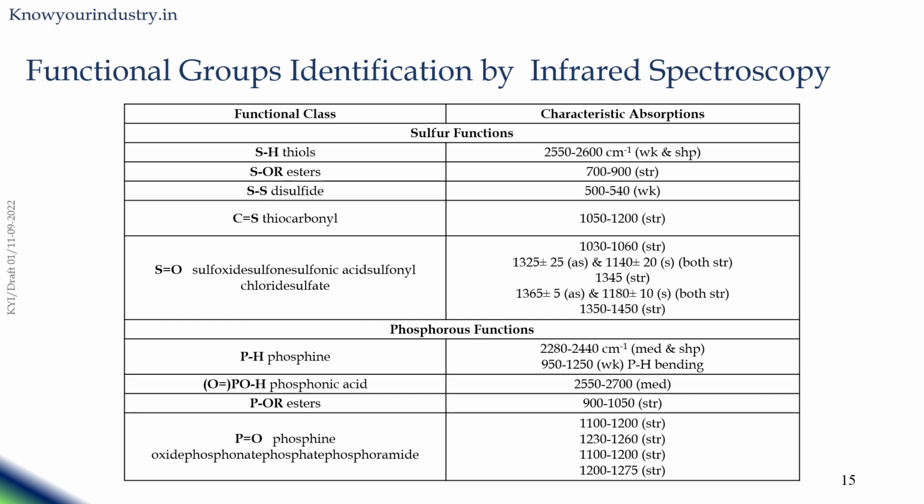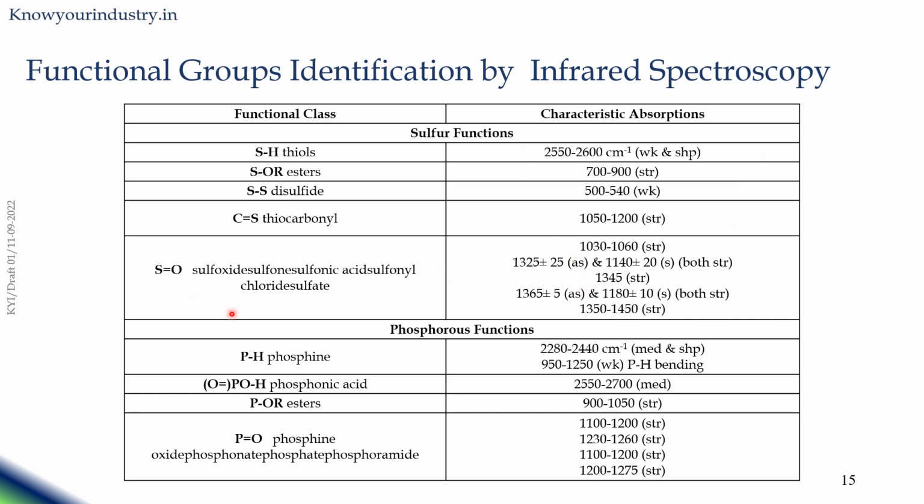In continuation of functional group identification using infrared spectroscopy, from the spectra you can see the functional classes of sulfur as well as phosphorus from the characteristic absorptions given in this table. For sulfur, you have S-H thiols, S-OR esters, S-S disulfides and S=S thiocarbonyl groups, which fall in the mentioned characteristic absorptions, or wave number region.